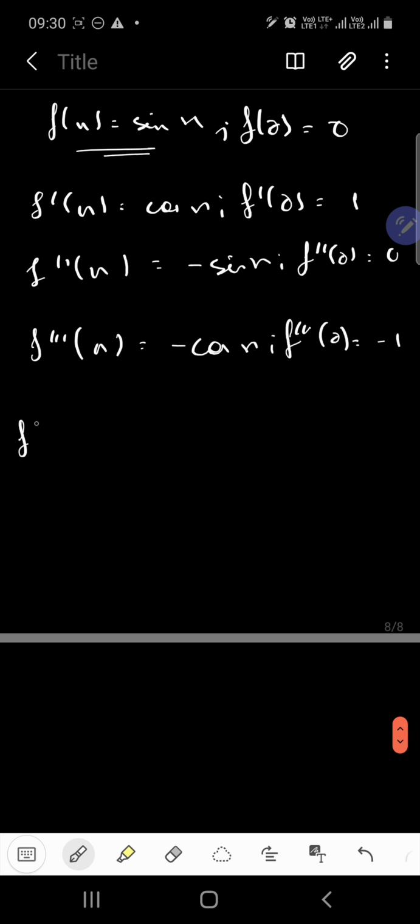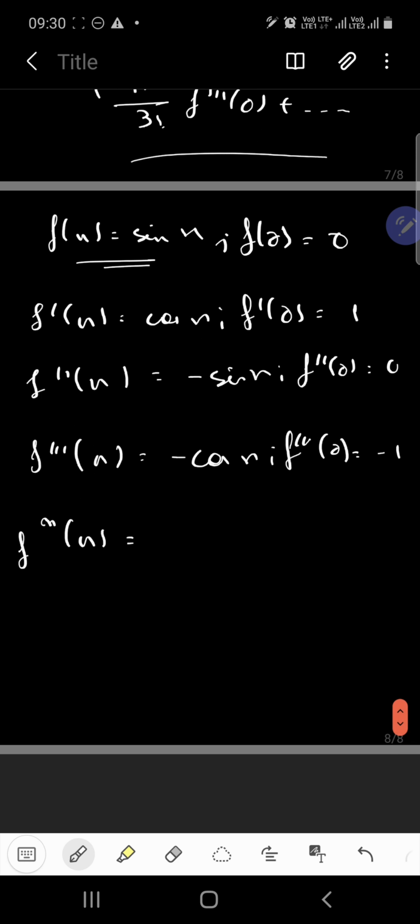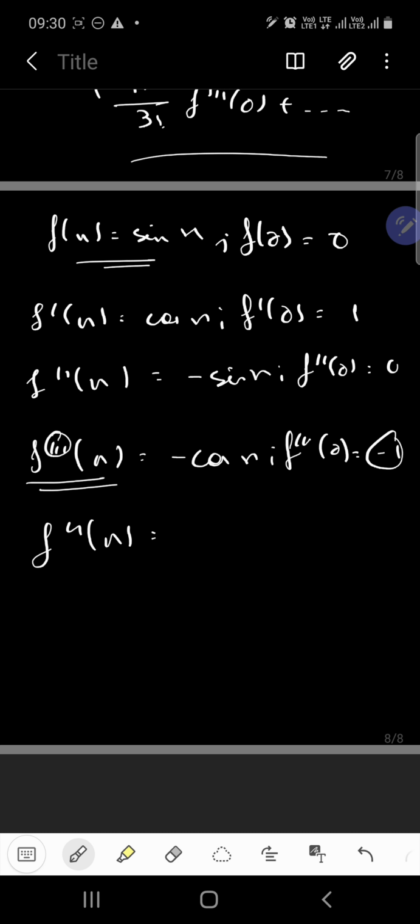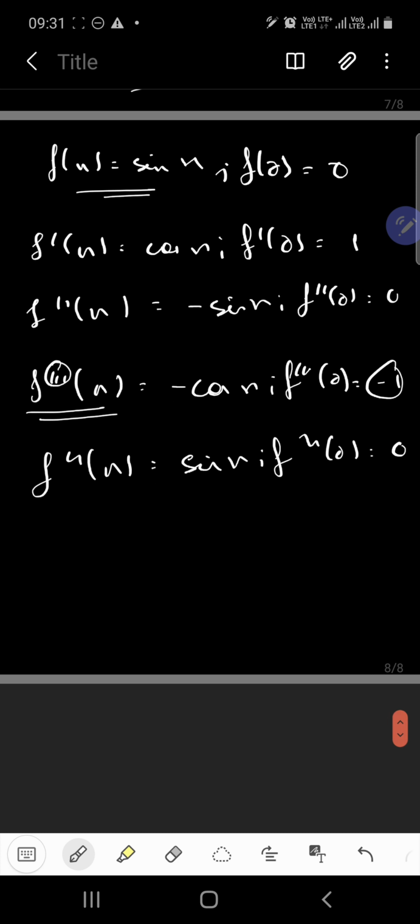Similarly, see from here that for the third derivative, you have f'''(0) equals minus 1. Now if we move on, what is f⁗(x)? It becomes sin x, and f⁗(0) is 0.